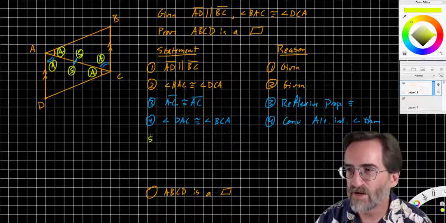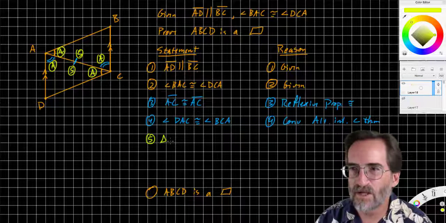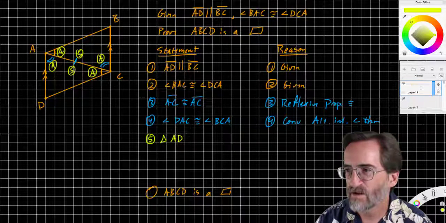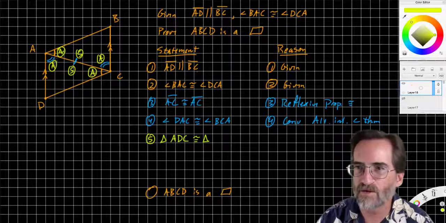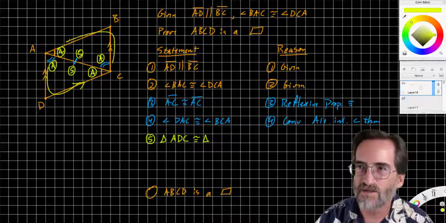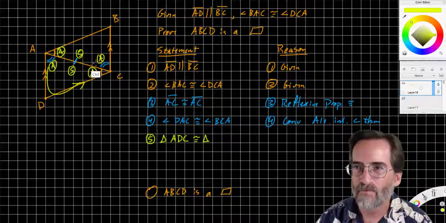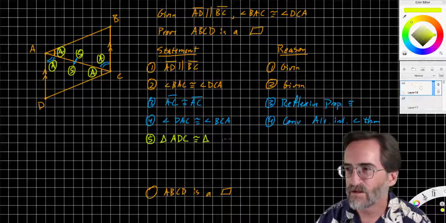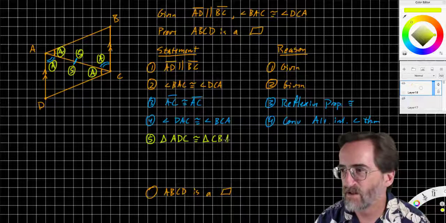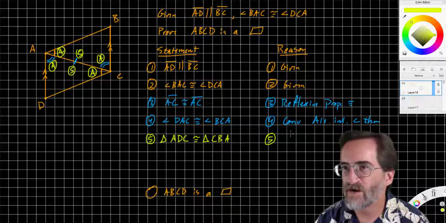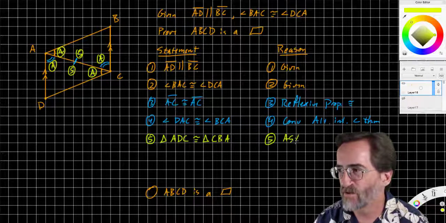Therefore, step 5, triangle ADC, and make sure you line these up correctly, is congruent to triangle CBA. Okay? And how do we know? Reason number 5 is angle side angle.